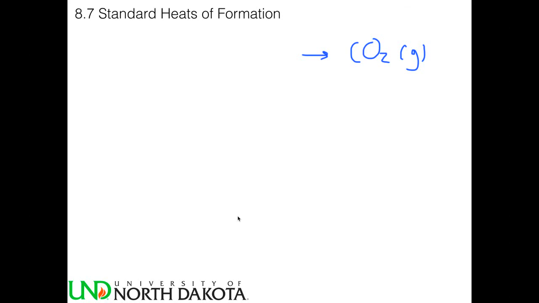We will define this reaction as forming just 1 mole of carbon dioxide, and therefore to calculate this we would take carbon in its standard state, which would be solid carbon in the allotrope of graphite. And to that we would add oxygen in its standard state. Oxygen in its standard state is a diatomic element, meaning O2 as a gas. And luckily here, 1 carbon and 2 oxygen will form 1 mole of CO2.